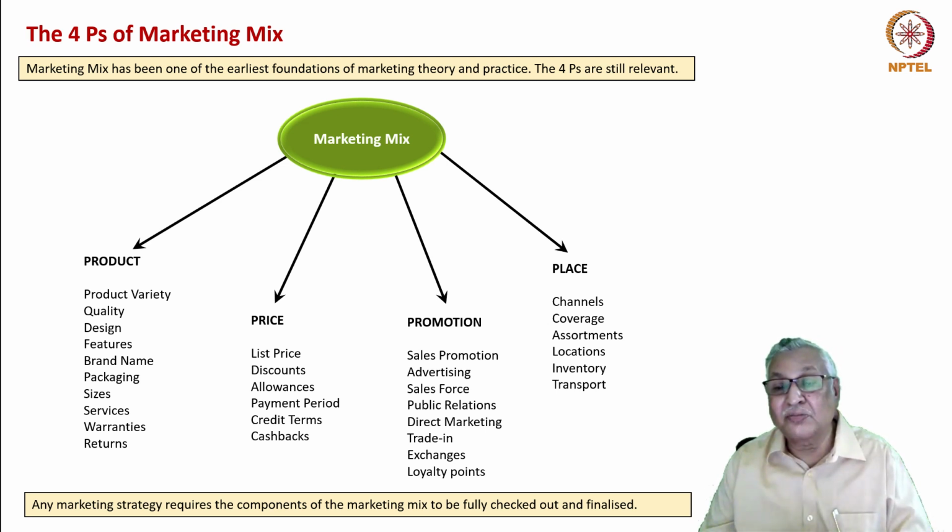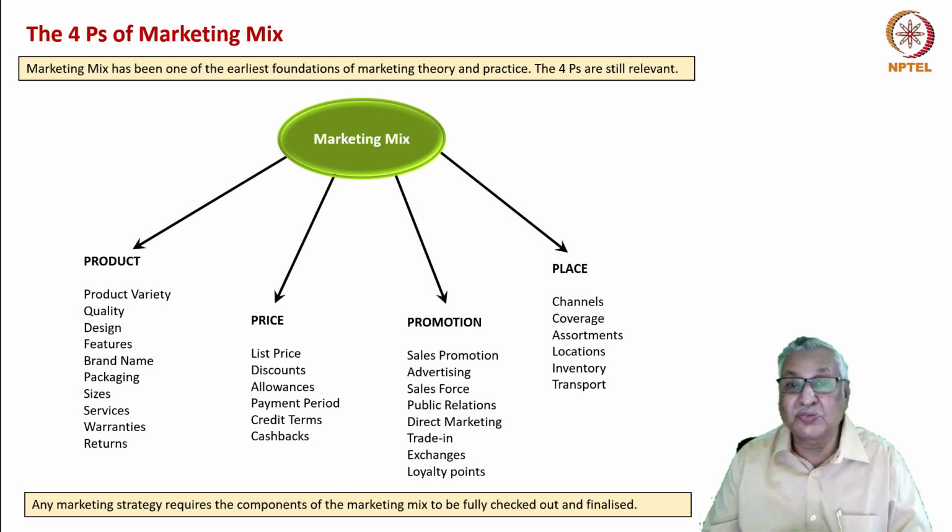So channels are one, but who covers those channels, how the channels are covered is another important aspect. There could be assortments, there could be different locations where the channels are located, where the points of sale are located, how the inventory is stored. Do you have only two, three products, whether you have only two, three stock units of the products?